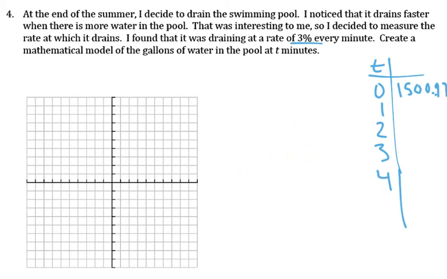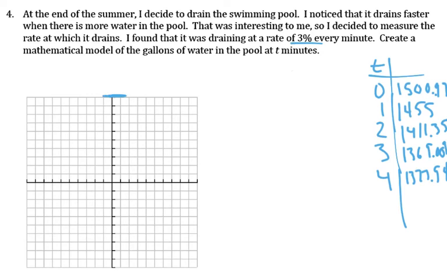So 1,500 times 0.97 gives us 1,455. Then 1,411.35. Then 1,369.009, and 1,327.94 and so on. Okay, so this one we would actually start up really high on our graph.